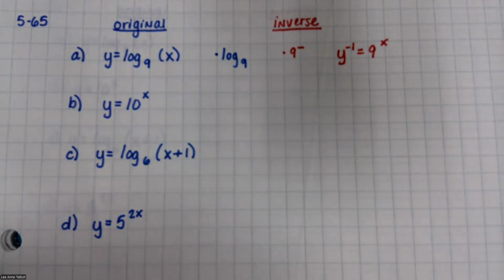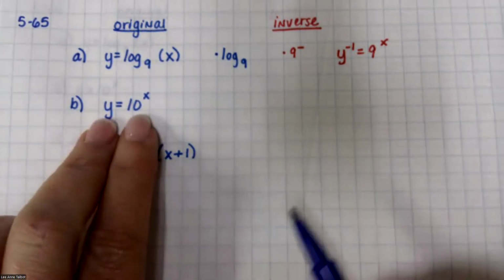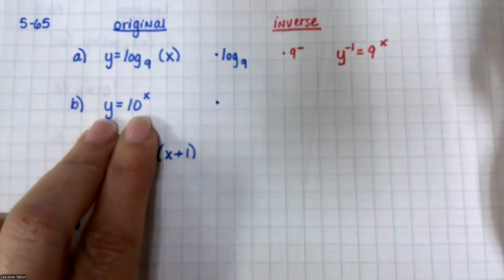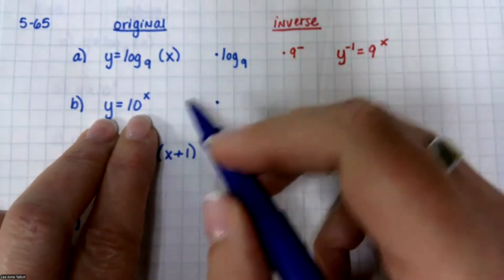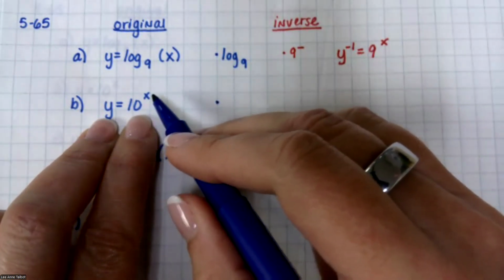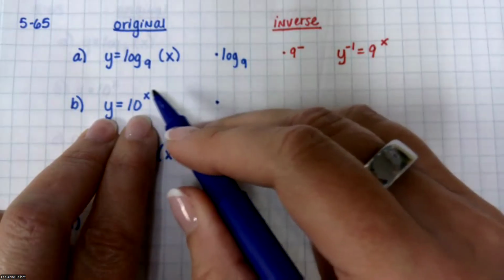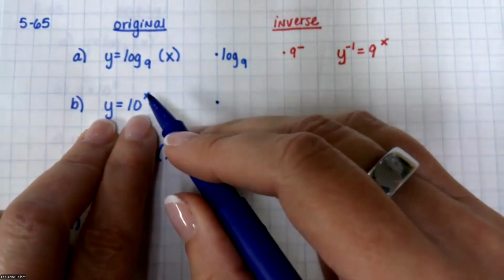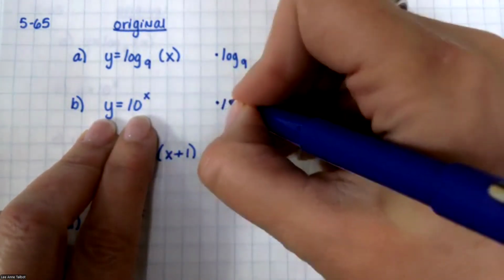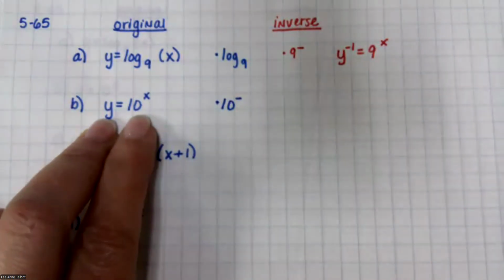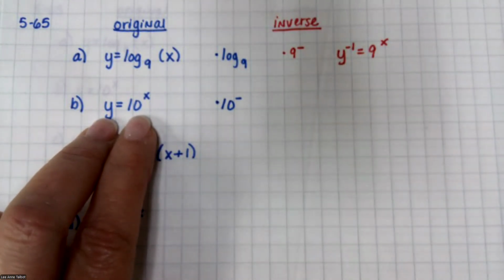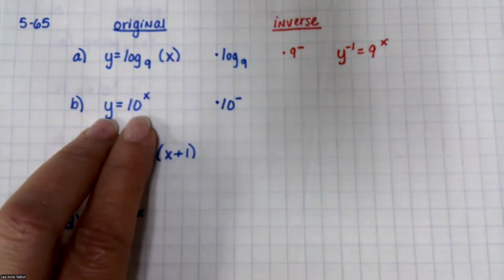All right, let's go backwards. My original equation is y equals 10 to the x. What would be the first thing I would do to it? There's nothing else that happens here. What's the only thing that happens to it? 10 to the whatever, 10 to the 1, 10 to the 2, 10 to the 6.5, whatever you plugged in.